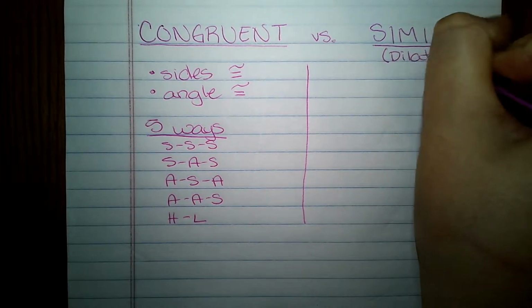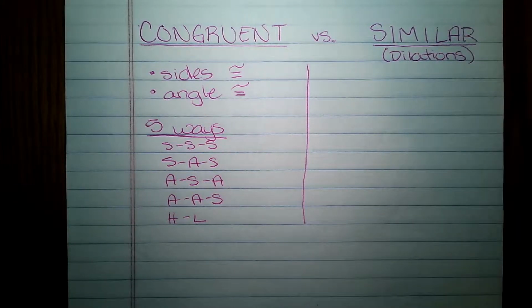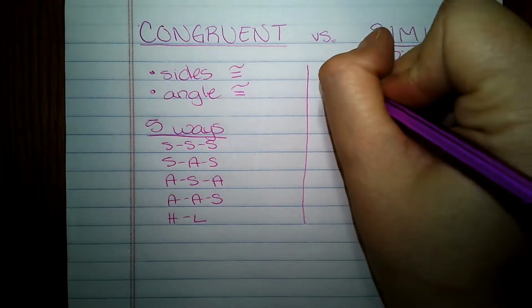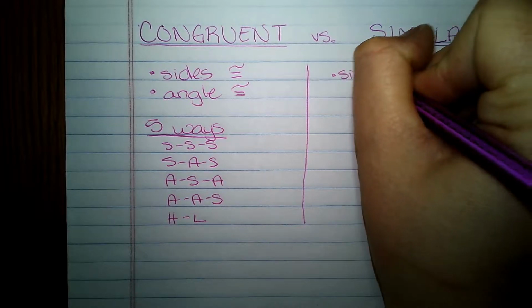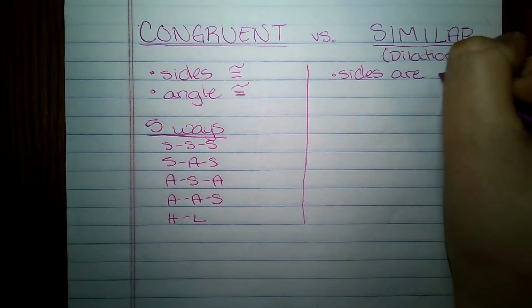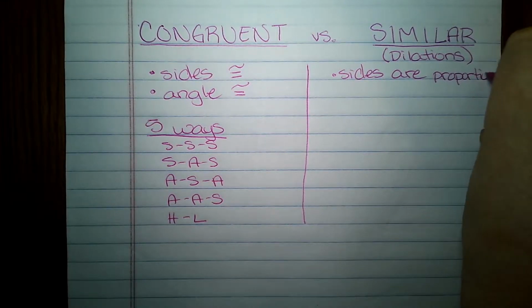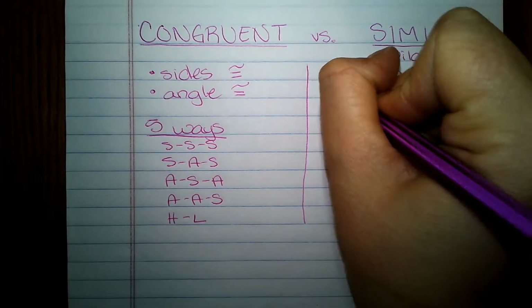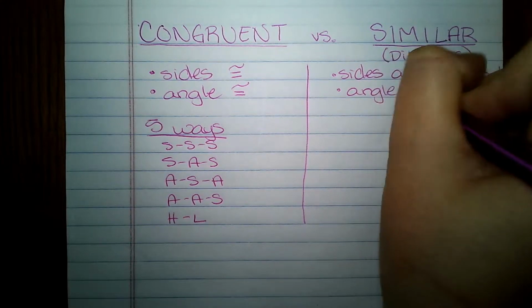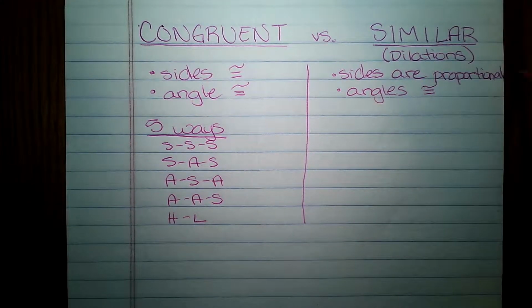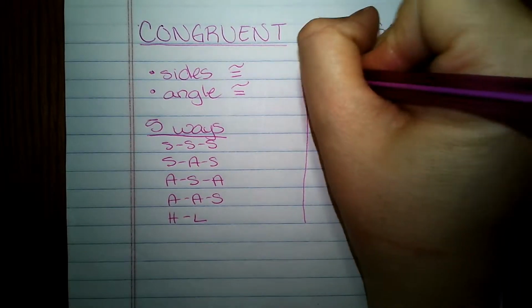With similar triangles, the sides are proportional. That's the big difference. Angles are still congruent. So the sides being proportional is the big difference here.